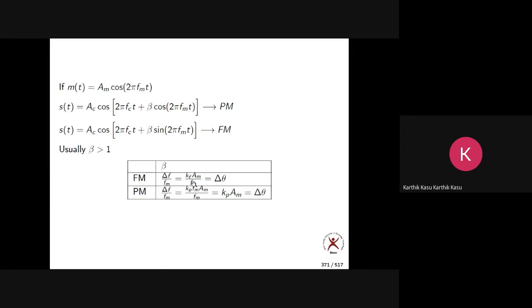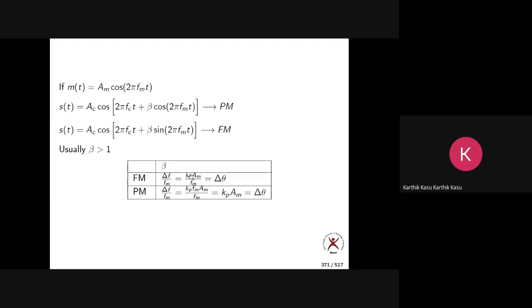In the same way, what is the modulation index for PM? The definition is still the same, delta f by fm, but delta f in case of PM is Kp fm into Am by fm. fm cancels out. You're left with Kp Am. So this happens to be equal to delta theta. So beta is the same as delta theta in both cases.